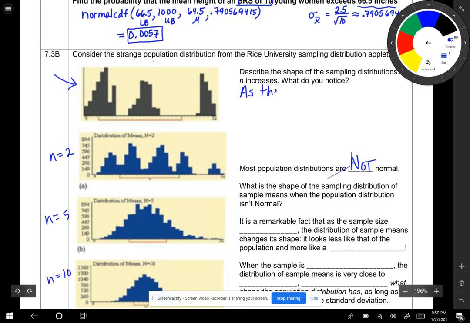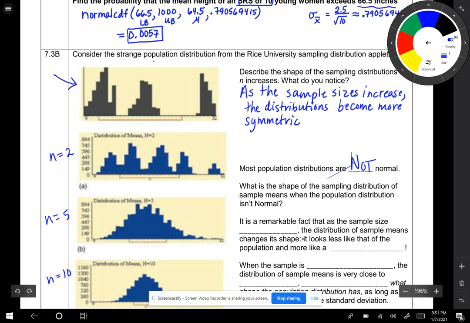So as the sample size increases, sizes increase, the distributions become more symmetric and almost normal.